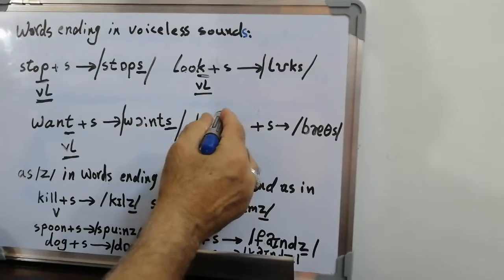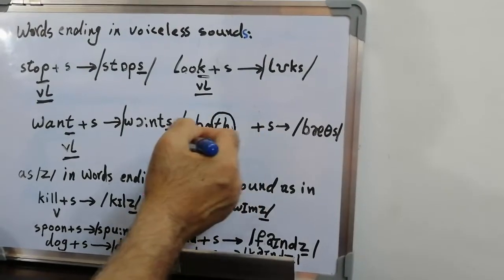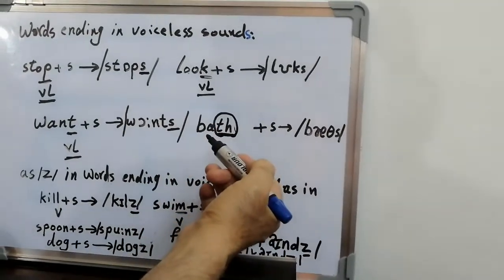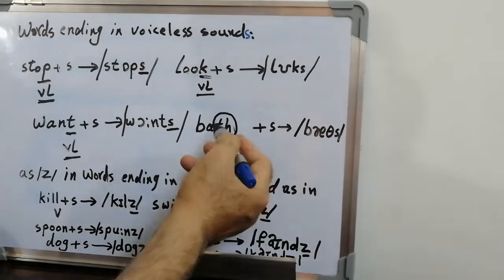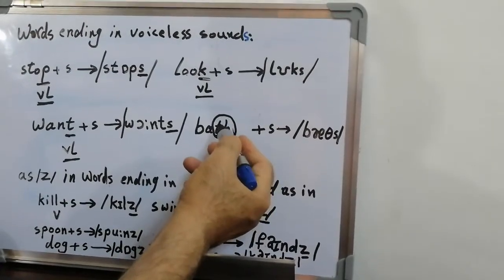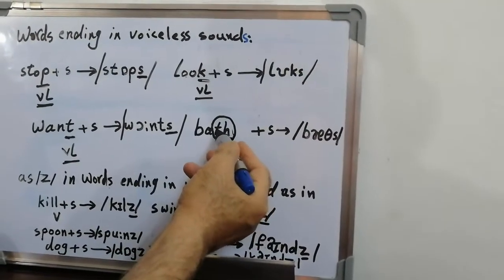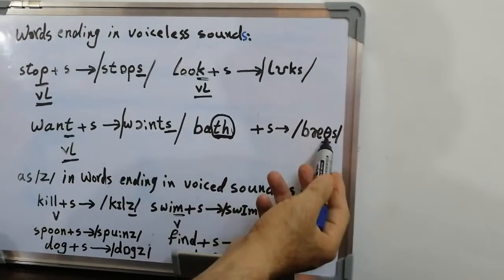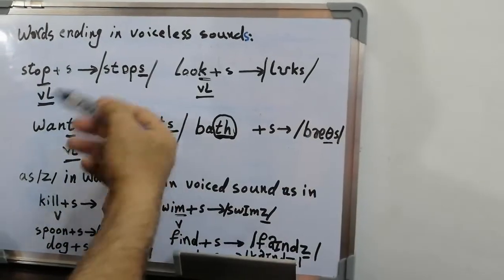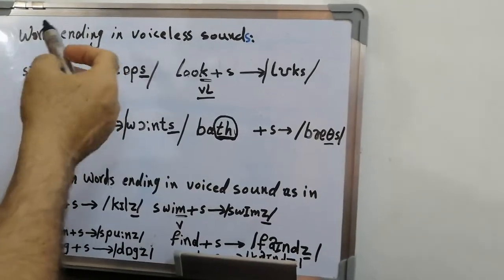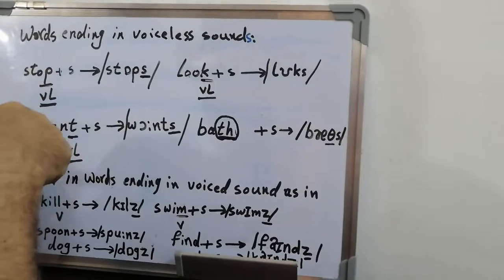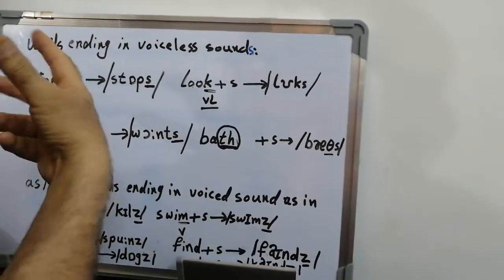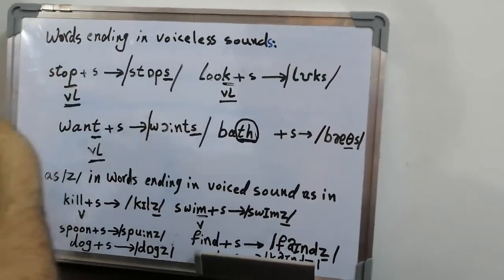You remember I said that one of the problems that we face in learning English pronunciation is that we use two letters that represent one sound. Here th, and this is the representation. So now I repeat. We said that S, when it is added, whether to nouns, to verbs, or possessive S, is pronounced in three different ways.